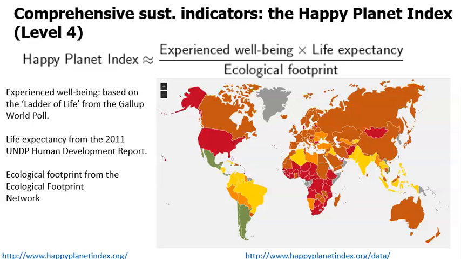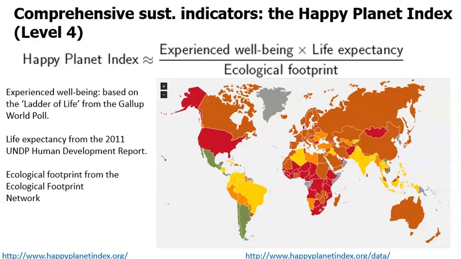So the happiness indicator is life expectancy multiplied by experienced well-being. So you can live very long lives but rather unhappy, that would score very low here. But if you have a long and happy life, the numerator of this term will be very high, and if you at the same time have a very low ecological footprint, the overall score will be very high. The HPI, Happy Planet Index, will be very high.